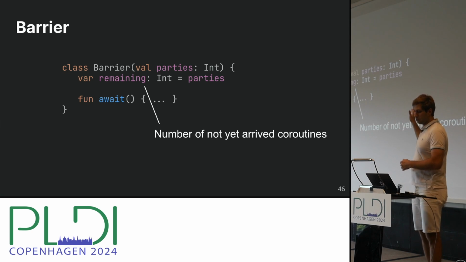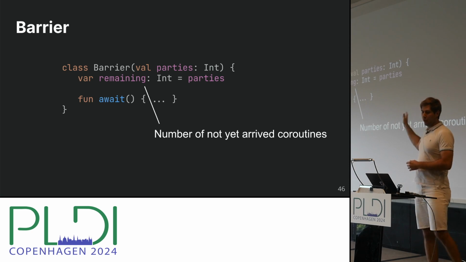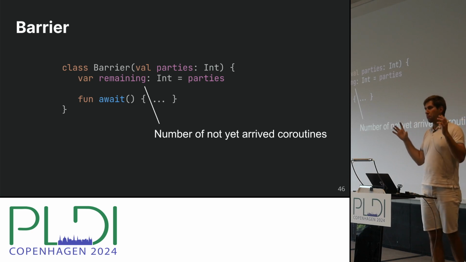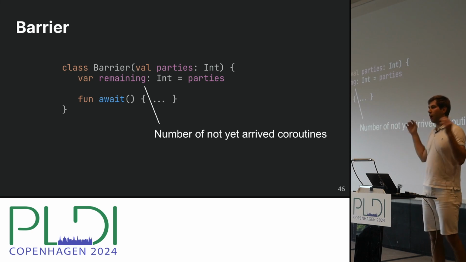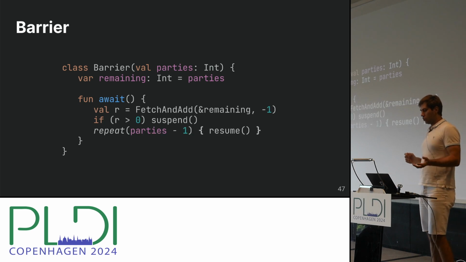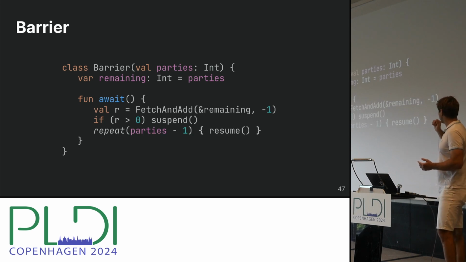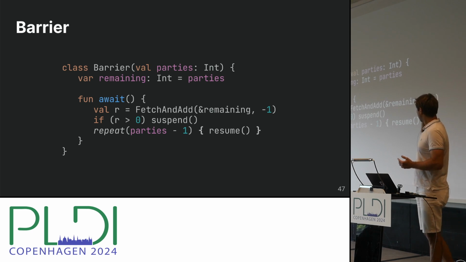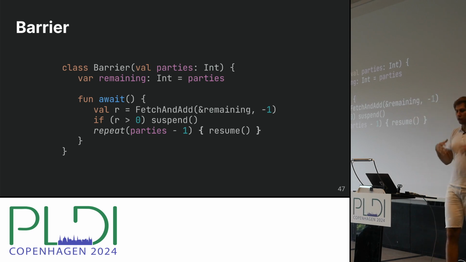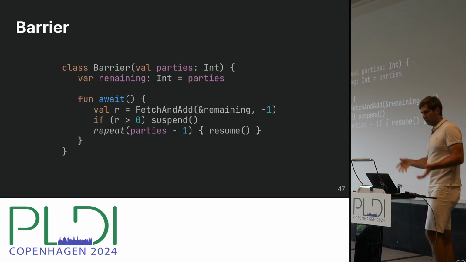So in this example, we have only a remaining field and it waits until all the parties come to the barrier point. To implement it is very simple. We just decrement the count of the remaining parties, and if it was greater than 0, we suspend.